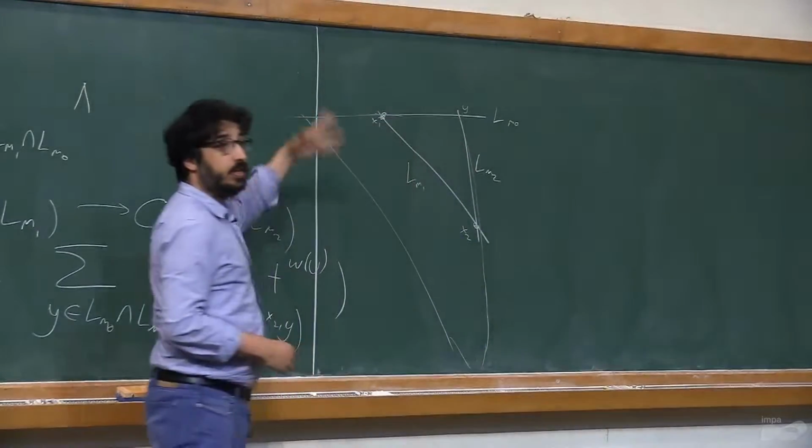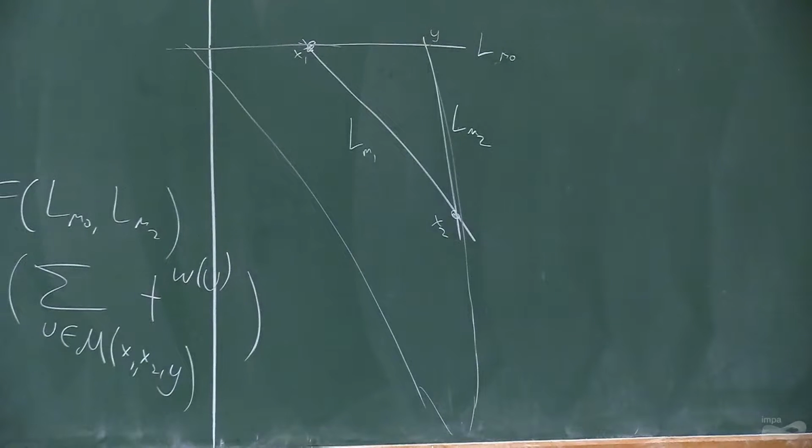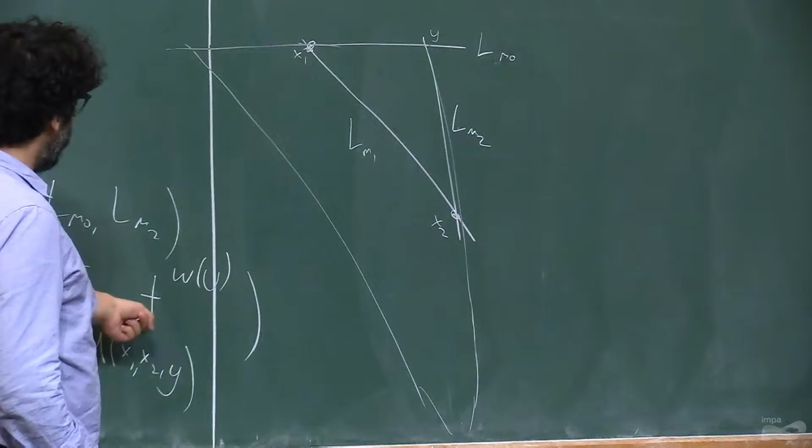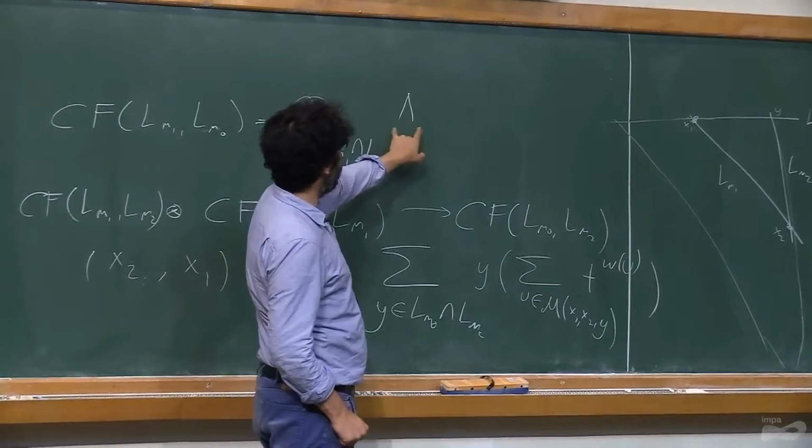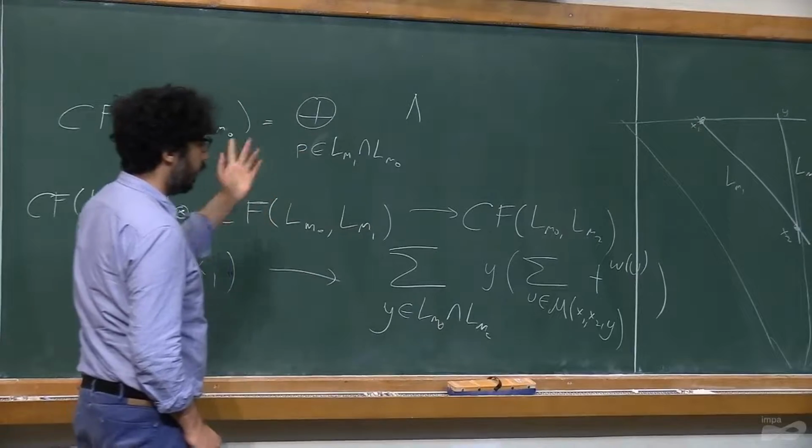Okay, and there's that many of them, and we keep track of them by introducing a formal variable t and then the area. So this formal parameter t is part of this ring that we choose.